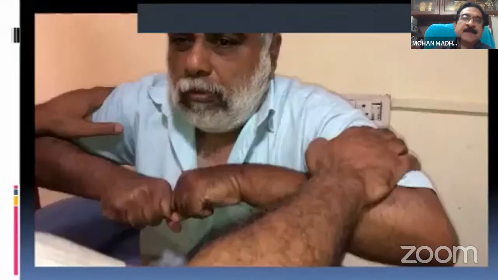The left is normal, but decreased on the little finger. This is the area where the sensory loss is, the finger and the middle part of the palm.